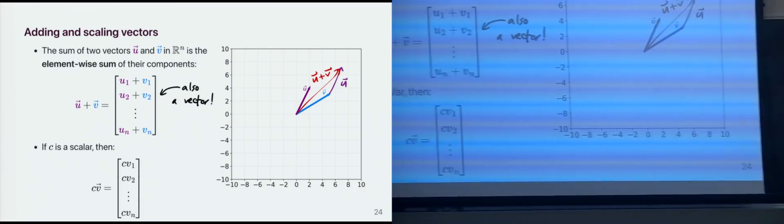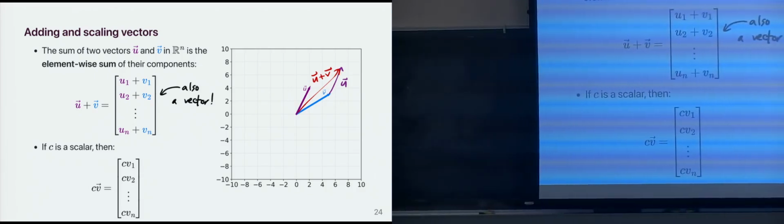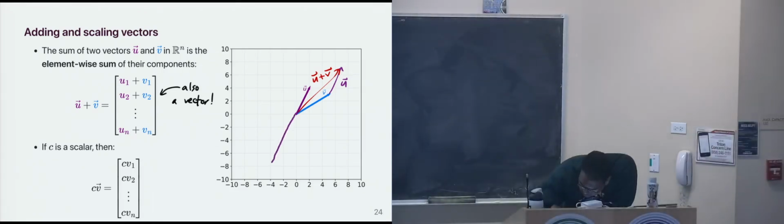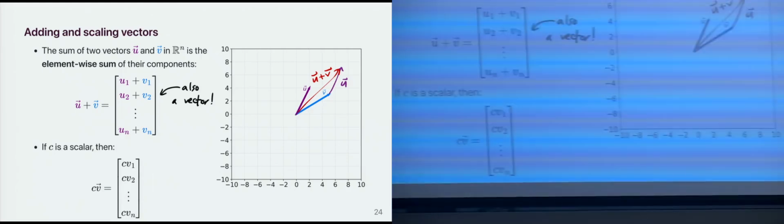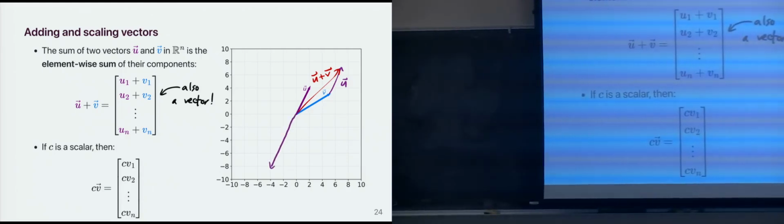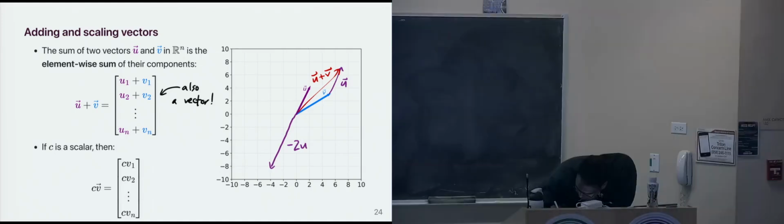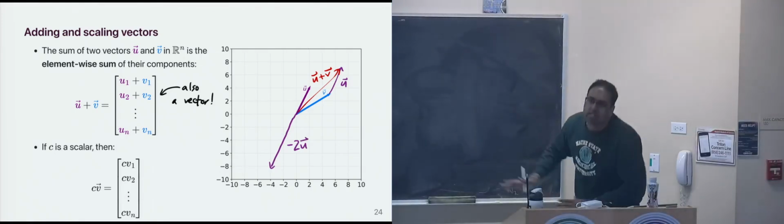Okay? Now that's adding two vectors, but we can also scale vectors by some constant. So for example, if I'm looking at u here, negative 2u might look something like this. It's twice as long as u and points in the opposite direction.